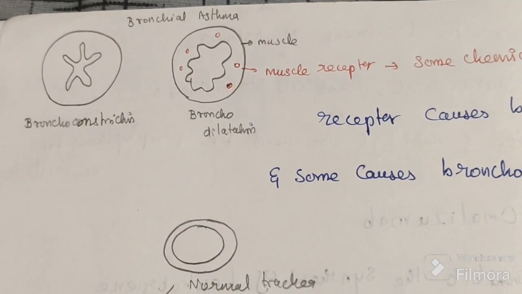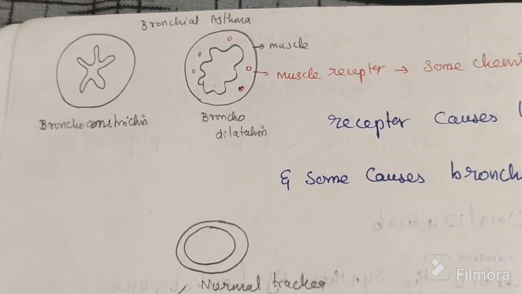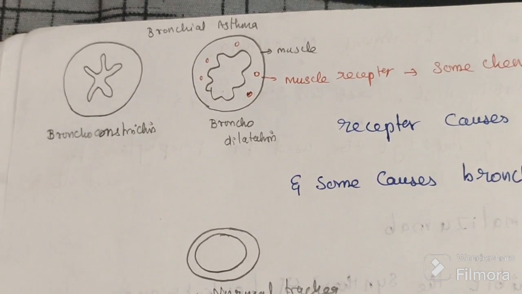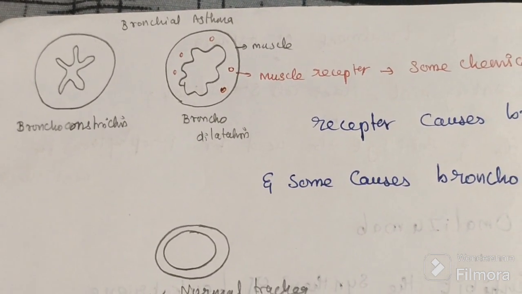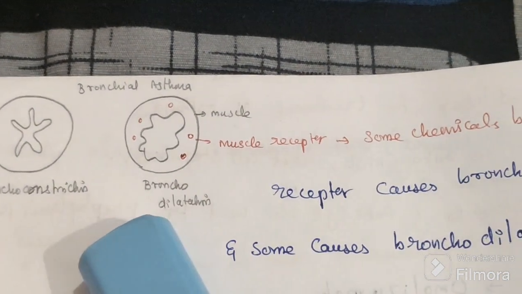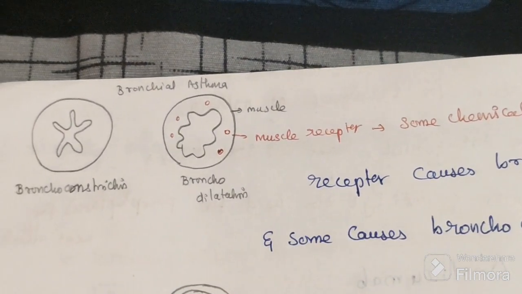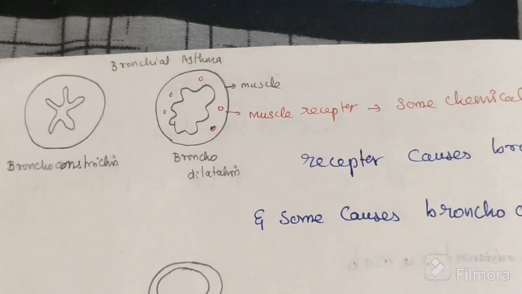For the three types of drugs, we want to discuss the mechanism of action together. This one is the trachea and bronchi. This diagram shows bronchoconstriction, and this one is the dilatation, the bronchodilation.